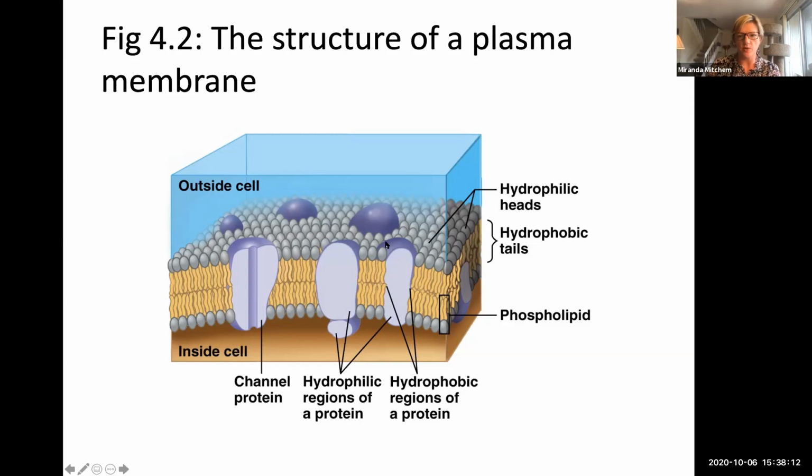Well, the water soluble regions are going to be in the watery environments, whereas the fat soluble regions are going to be more interior to the phospholipid tails. And every time we have a different protein, we need to realize that there's most likely a different function associated with that protein as well. Or else why would we have different proteins?